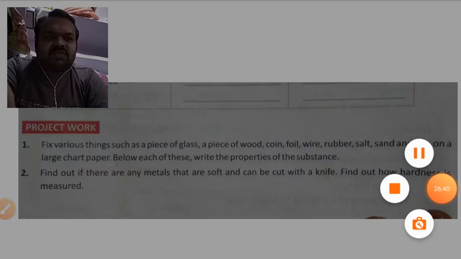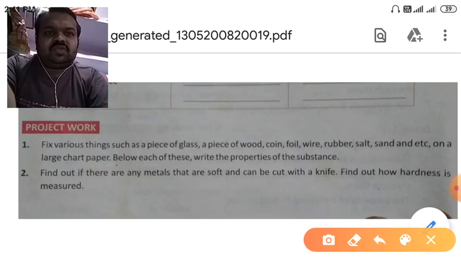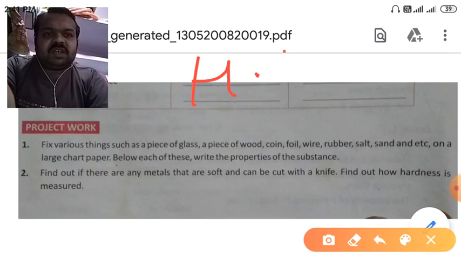Now one project work is here. You have to do this project work as a homework.